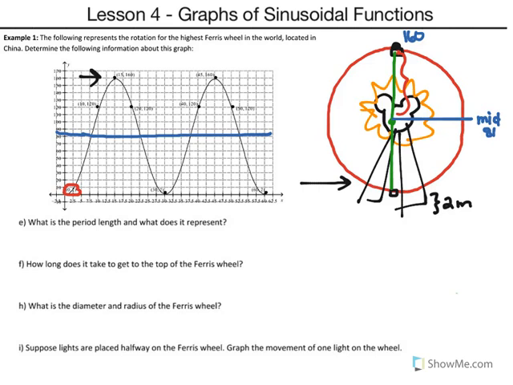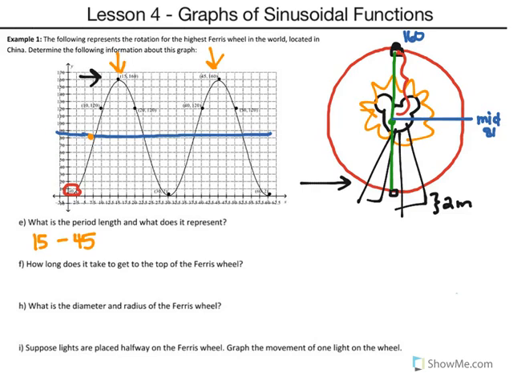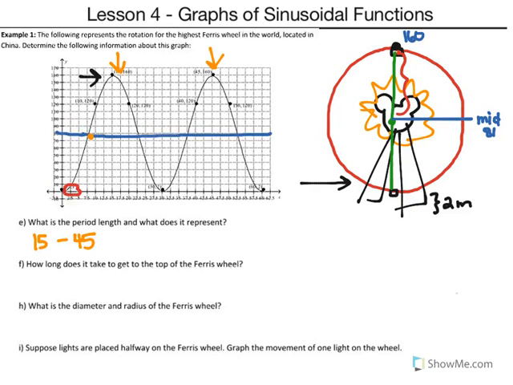All right, E, what is the period length and what does it represent? So to find our period length, we'd go from maximum to maximum. So our maximum here is at 15 to 45. We can also go from our start to our finish, but it's a little bit off the axis on the midline. Oops. So that one's not as easy to do.